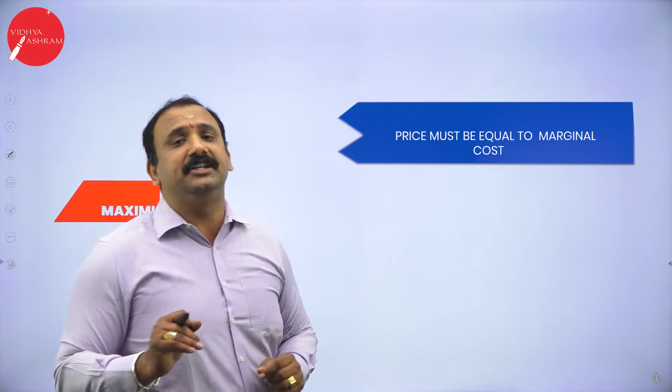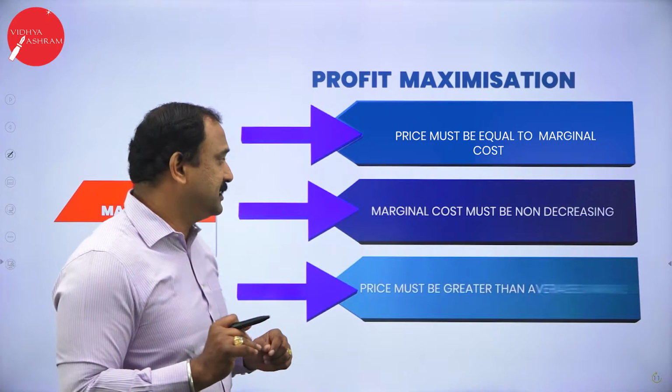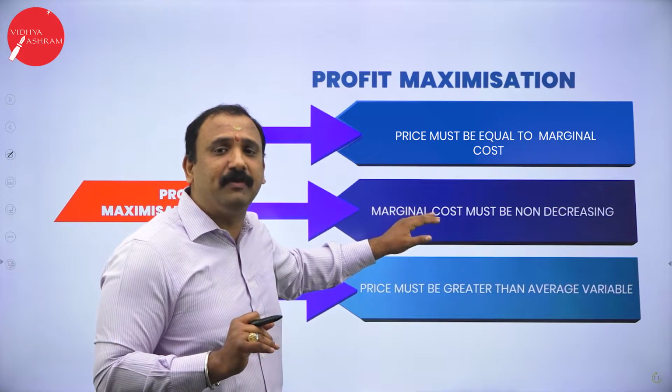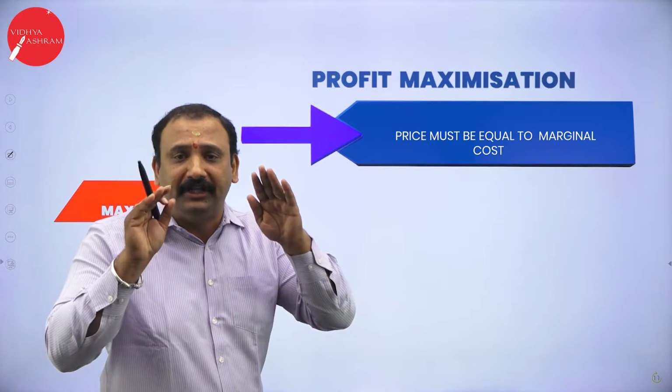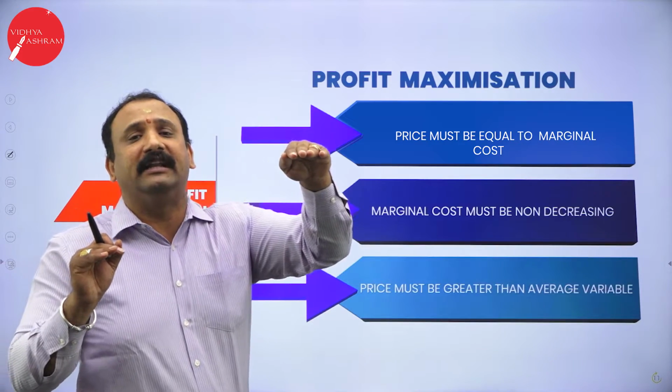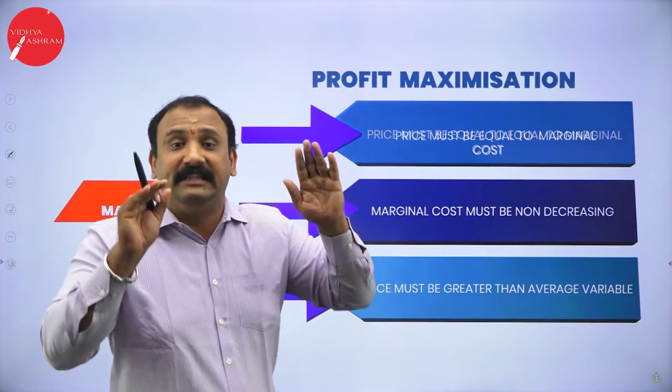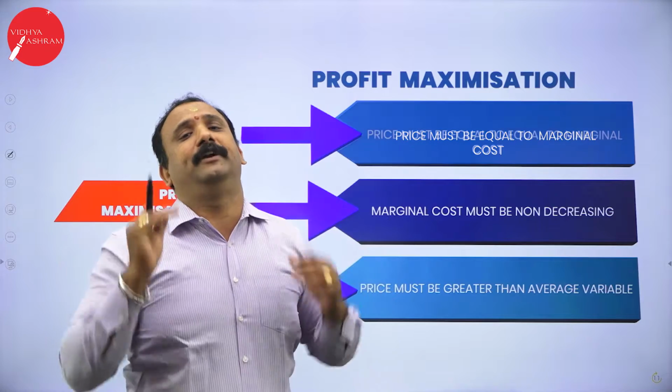So the second condition for profit maximization is that marginal cost must be non-decreasing. It should not go down. It should continue to be maintained at a particular level and keep moving forward. Then we will be able to see profit coming up.